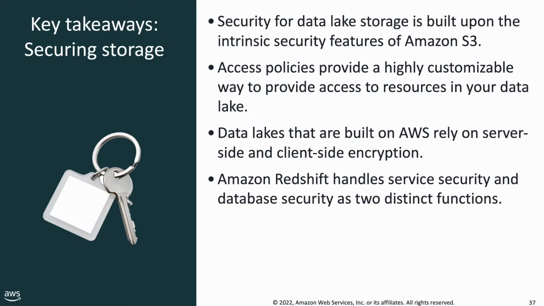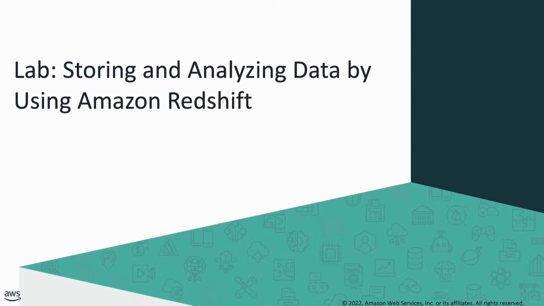Resource-based and user access policies are highly customizable resources for securing data lakes, and data lakes are built on AWS. And finally, Redshift will handle the security of the service and the security of the database as two distinct functions, and this allows you to have greater security of your data.